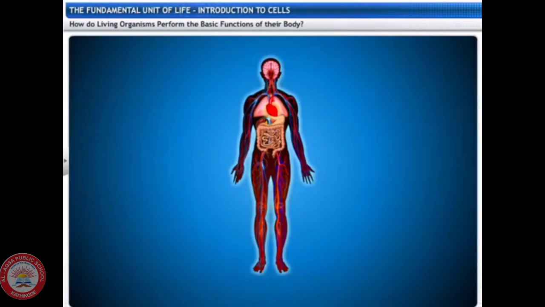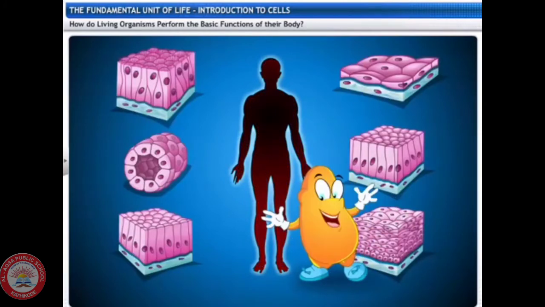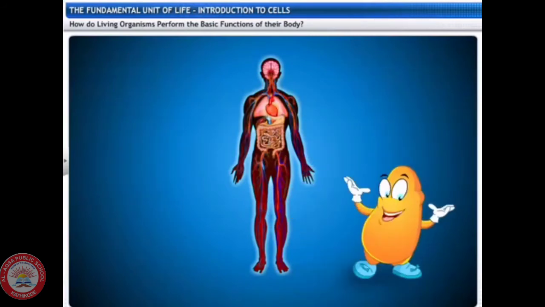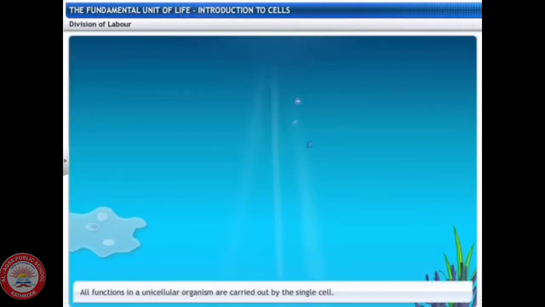In human beings, the basic functions are performed by division of labor among organs. This means that different organs of the body perform different functions allotted to them. All functions within a unicellular organism is performed by that single cell.